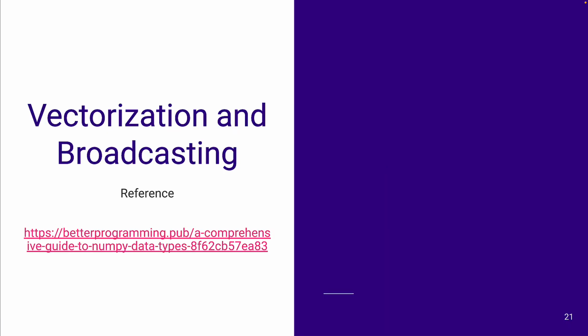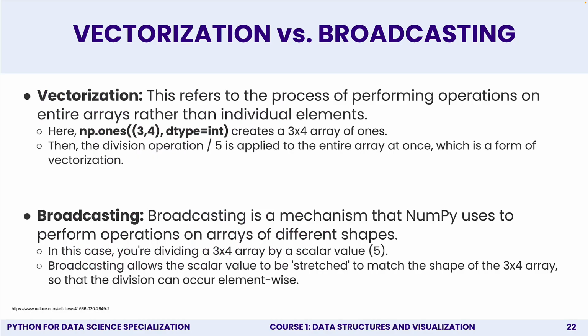Okay. So a very important topic which we talked about briefly yesterday is what we call vectorization and broadcasting. Yesterday I made an illustration, but it's important to know these concepts again. Basically they are close in meaning, but they have some differences. Vectorization refers to the process of performing operations on the entire array rather than individual elements.